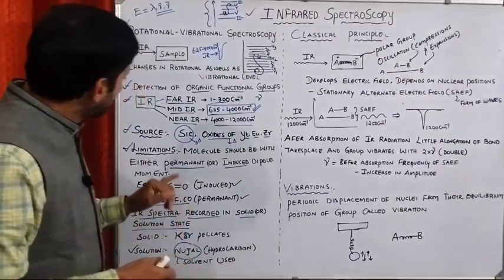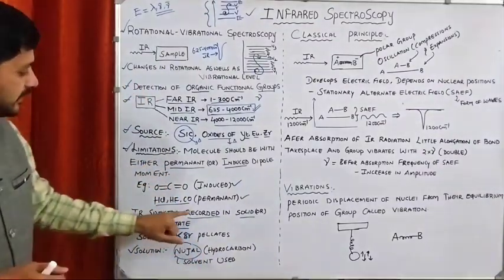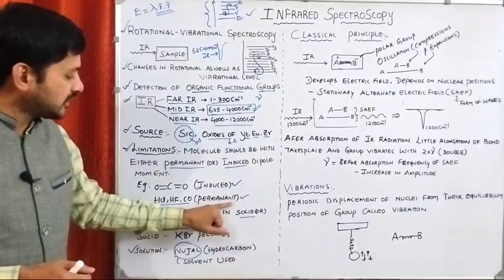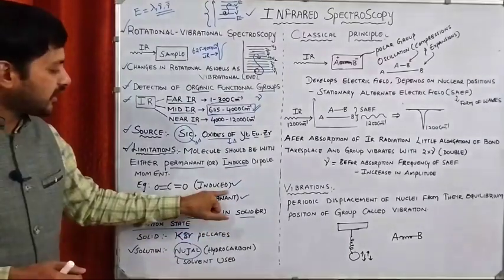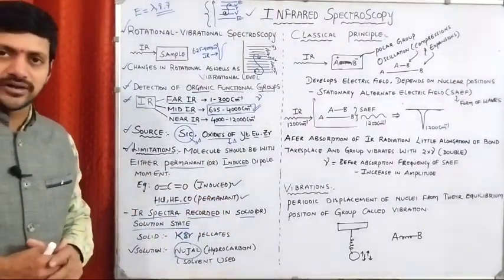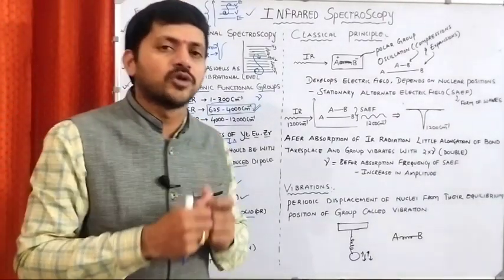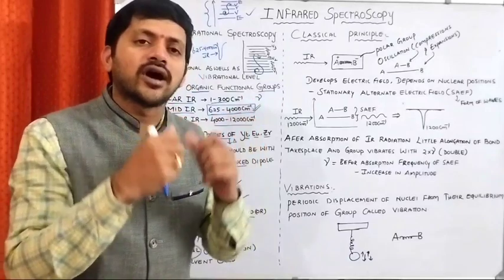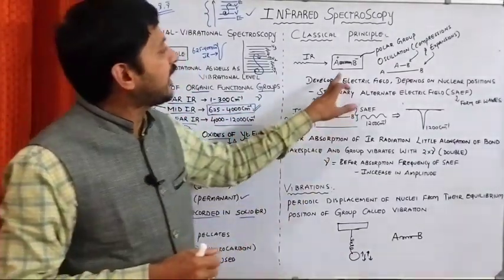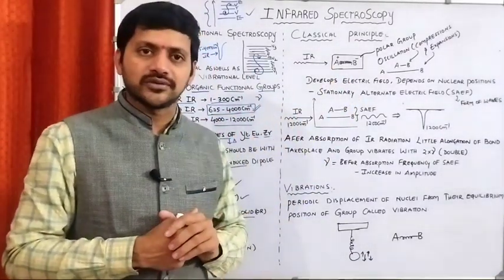Here we are saying that the molecule should have a permanent dipole moment or an induced dipole moment. So indirectly, we need to have a polar bond. We should have a polar molecule.